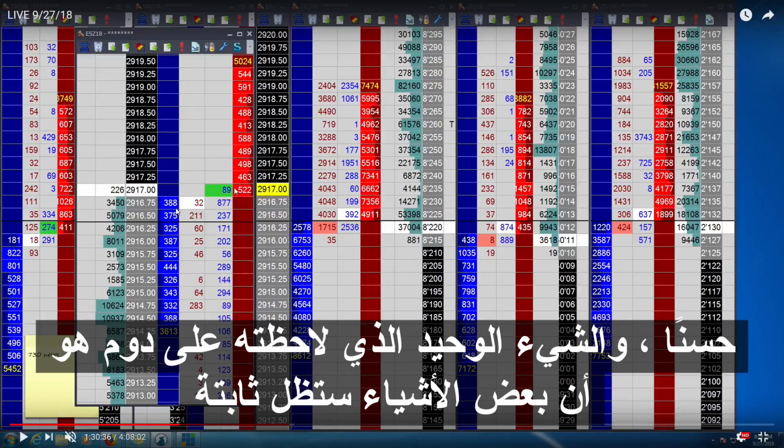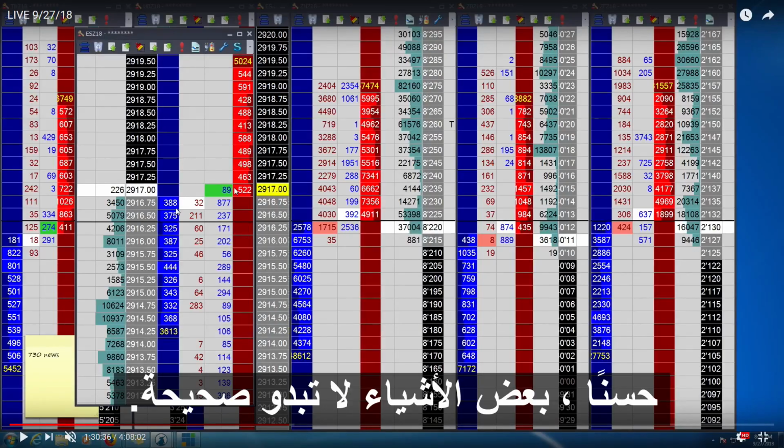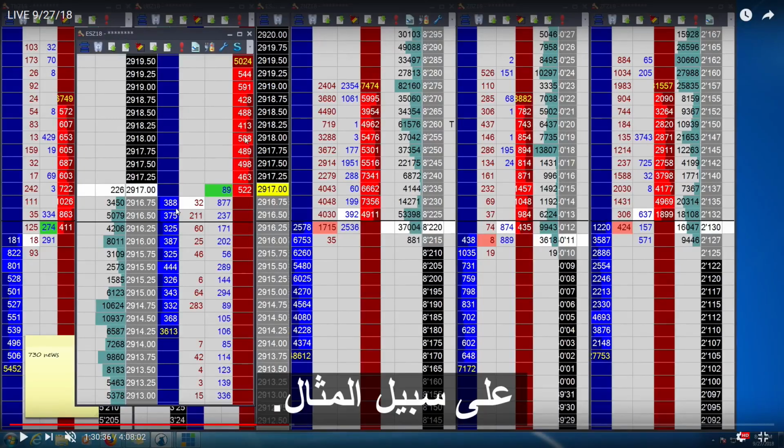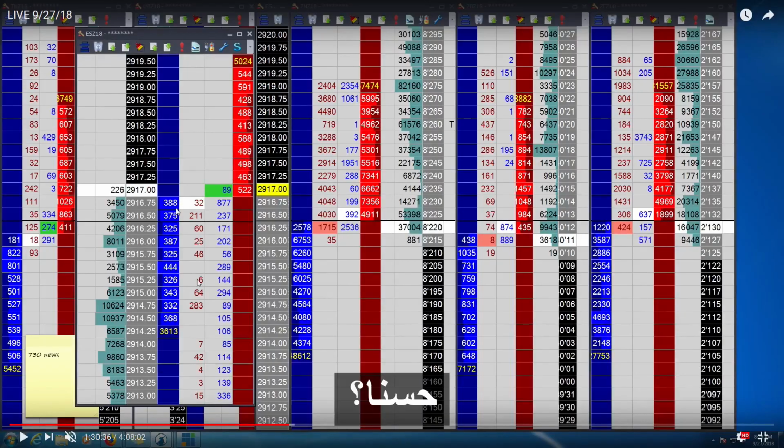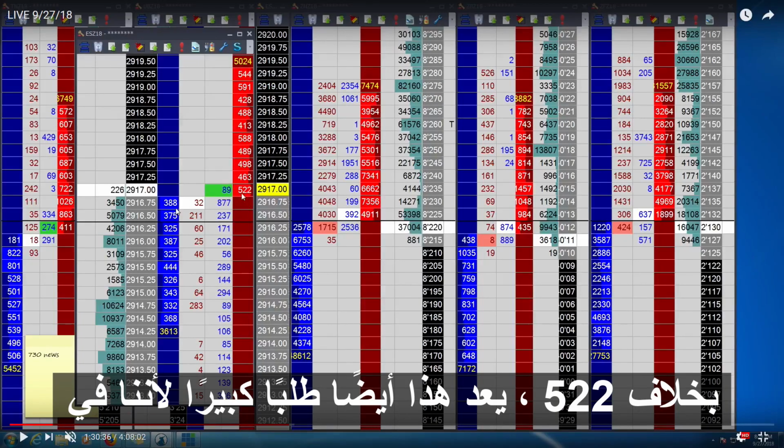One thing I notice on the DOM is certain things will stick out. Certain things don't look right. For instance, this 588 is an unusually large order compared to all the other orders. Other than this 522, this is also a large order because we are at the high.